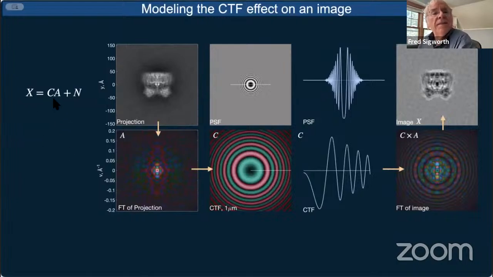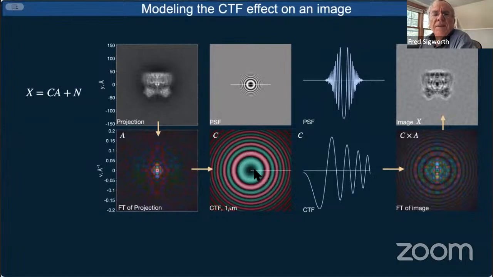The image is the contrast transfer function operating on the true image, plus added noise. Suppose this is the true image. There's its Fourier transform, and there is the CTF. We multiply those two and get this thing, and if we then transform back, we see the image is modified by the CTF.